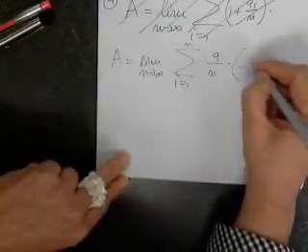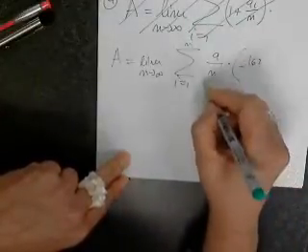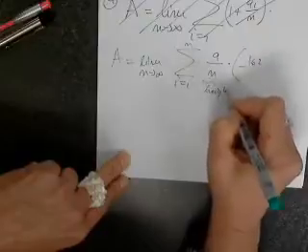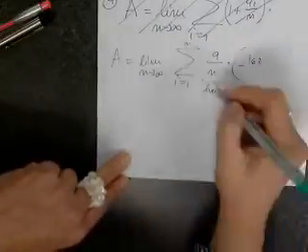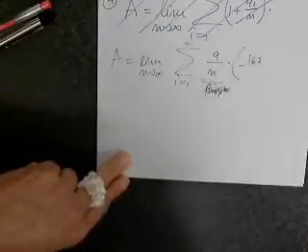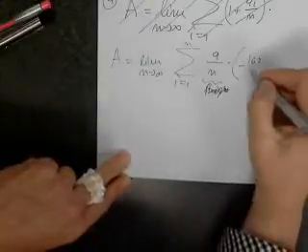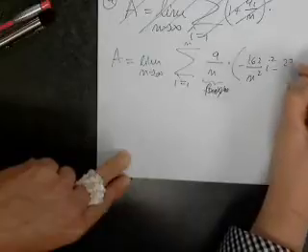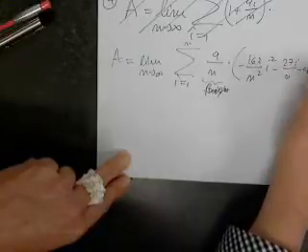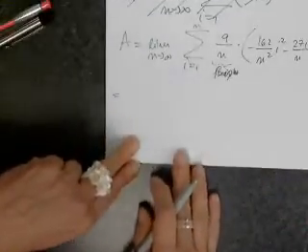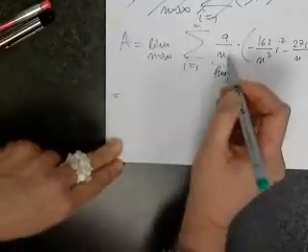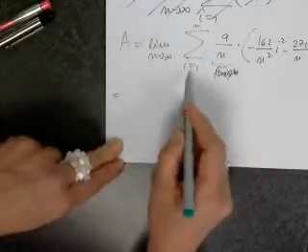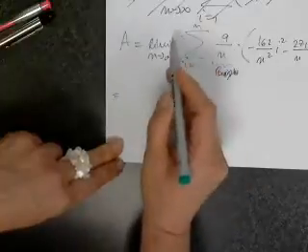The base is always delta x. Times negative 162 over n squared i squared minus 27i over n minus 4. Good. 9 over n does not depend on i, so it goes in front.